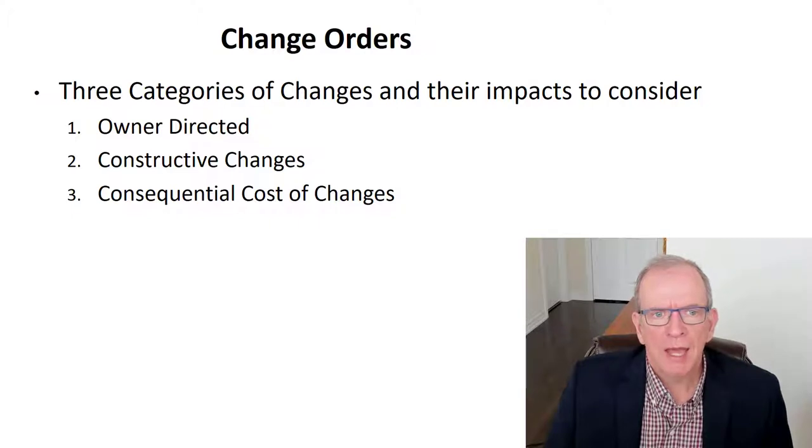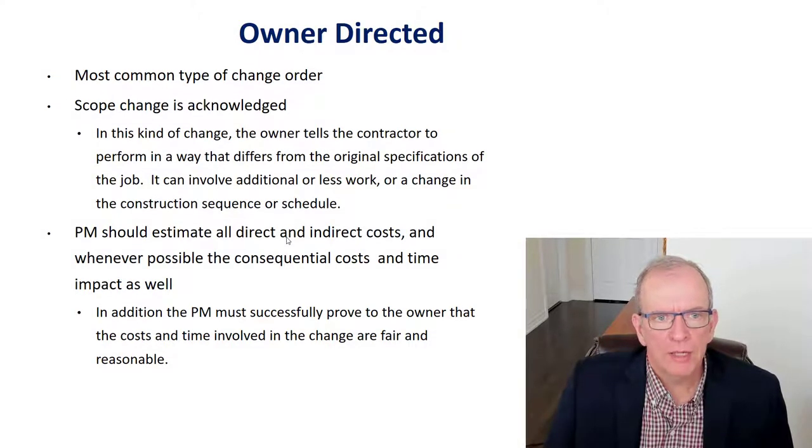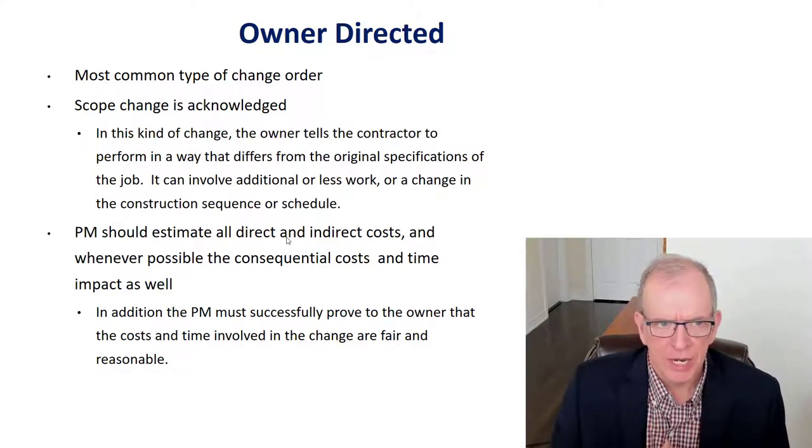So there's three categories of changes that we need to consider. There's owner directed, there's constructive, there's consequential cost of changes. So let's look at each one of these. So owner directed, that's probably the most common type of change order. It's not that bad. It means that the owner recognizes that this is a change.